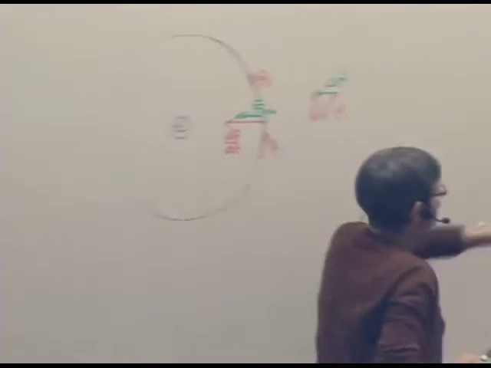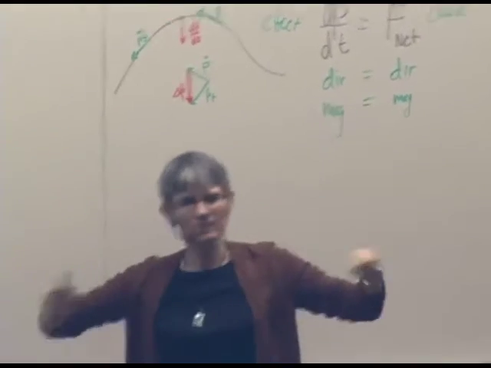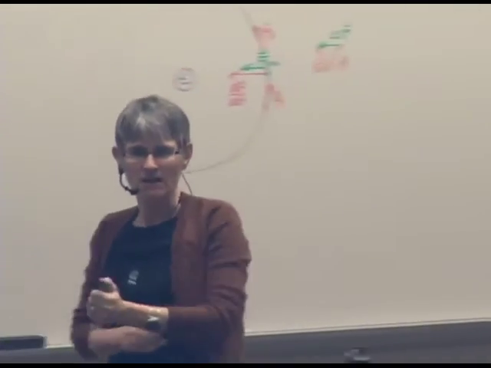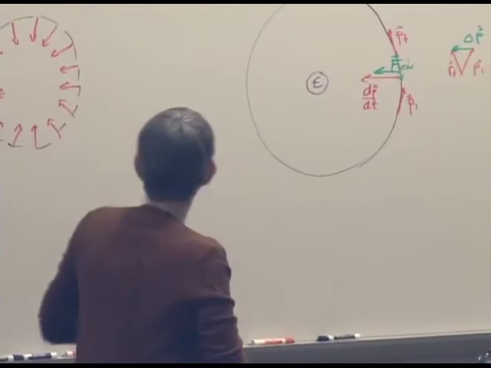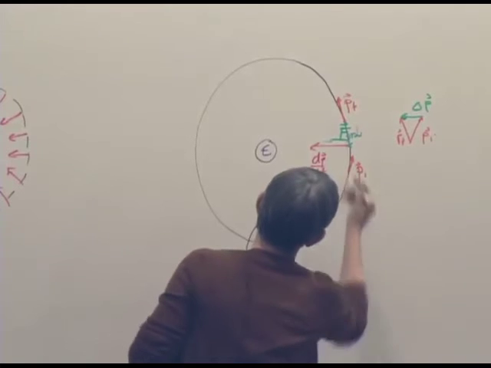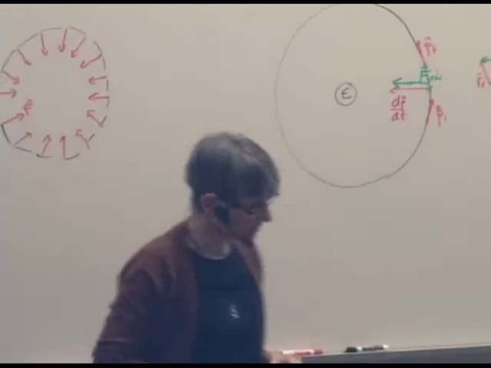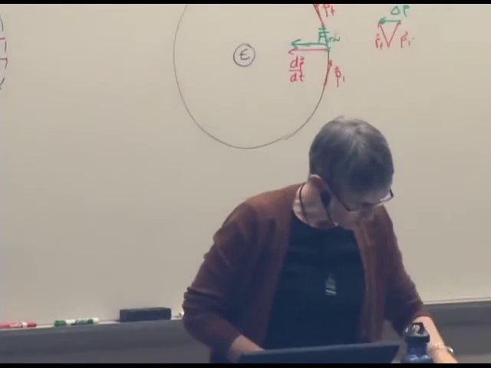So here's our vector equation: the direction of dp dt and the direction of F net are the same. This is a good thing. And in fact, the magnitude should be the same too, shouldn't they? So I should draw them, and we'll find we can actually use this.